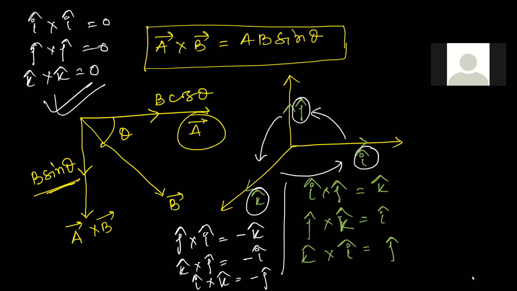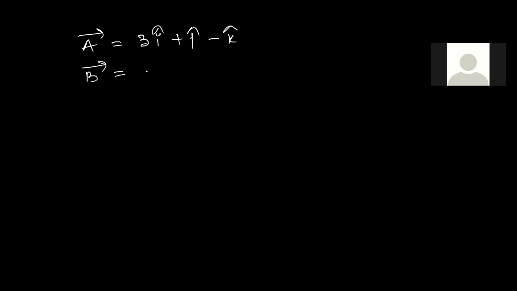Yes, sir. Now, let's find out the cross product of the two vectors. Suppose A vector is given by 3 i cap plus j cap minus k cap, and suppose B vector is given by 5 i cap plus 6 j cap minus 7 k cap.